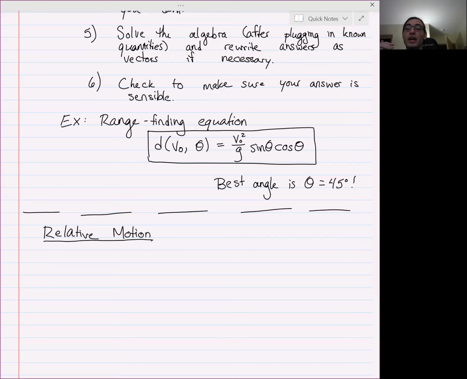Basically, relative motion is how we characterize motion from the perspective of somebody else who's moving. Motion from the perspective of a moving observer.